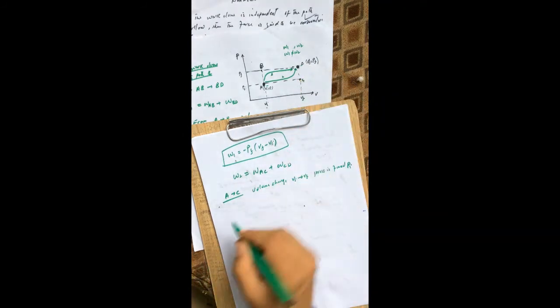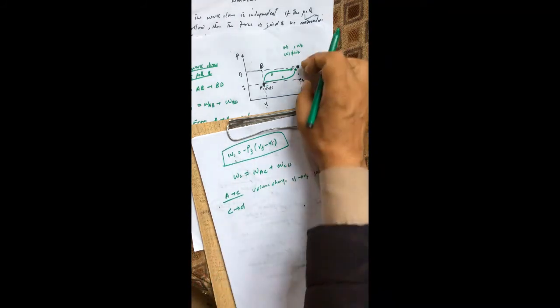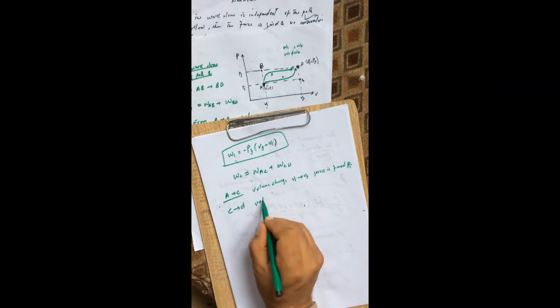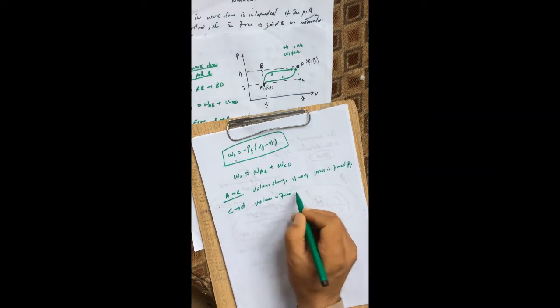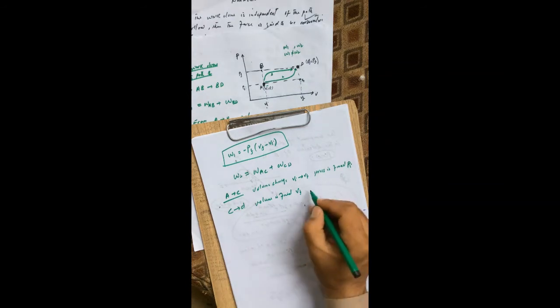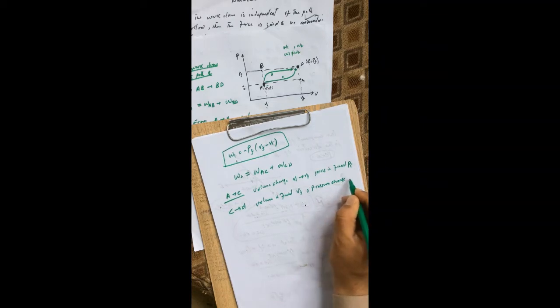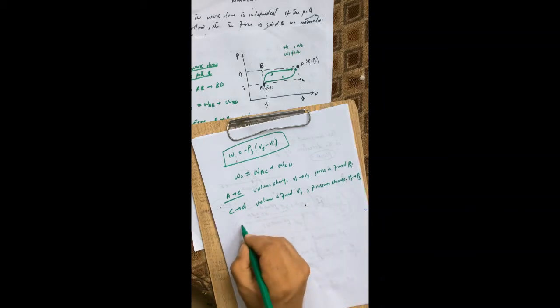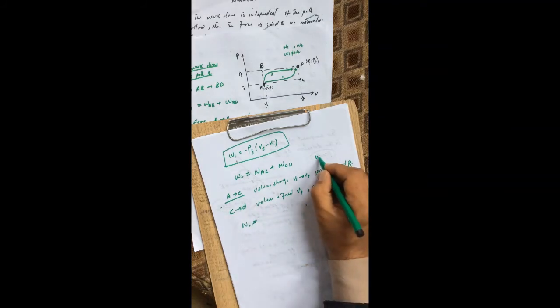Now along path CD, volume is fixed, which is Vf, while pressure changes from Pi to Pf.